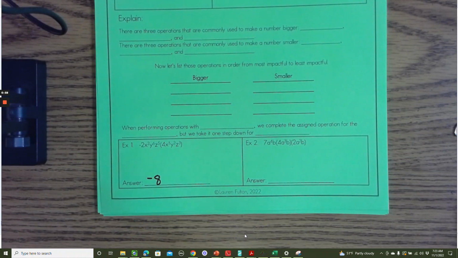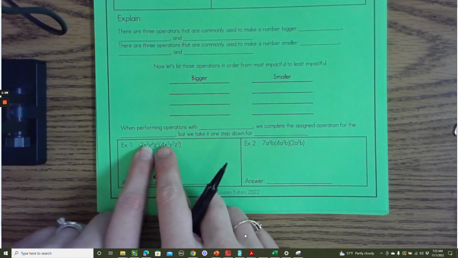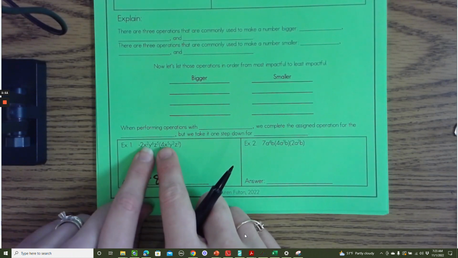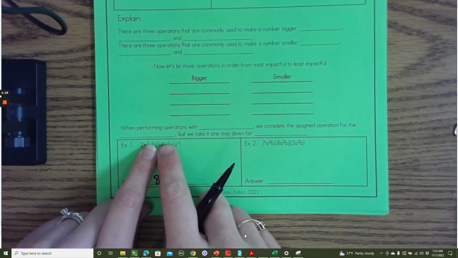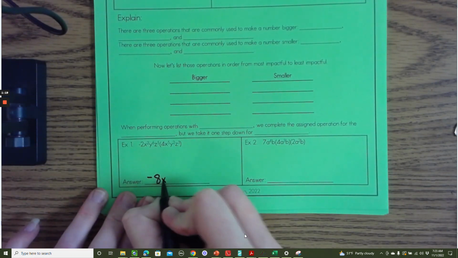Okay, so now we look at each variable separately. So we have x squared and x to the 5th. When we're multiplying the same variables with exponents, we actually add the exponents together. So x squared times x to the 5th would combine to make x to the 7th.